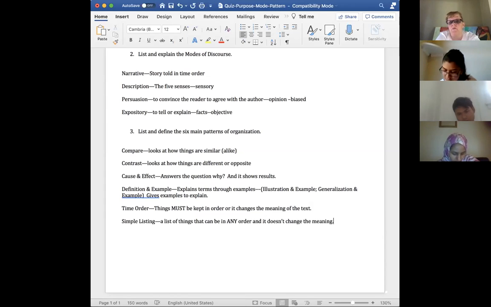And the first little pig ran to the second little pig's house of sticks. And then the big bad wolf blew down the house of sticks. And they both ran into the house of bricks with the third little pig. And then the wolf couldn't blow down the house of bricks. That's basically the story. Okay. So do you think that it's time order or simple listing?